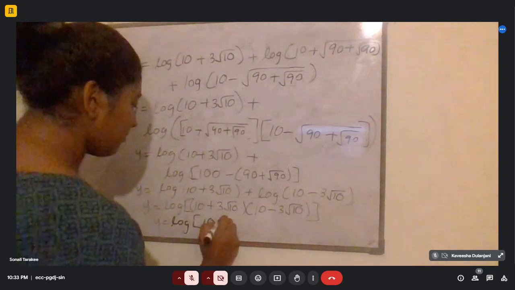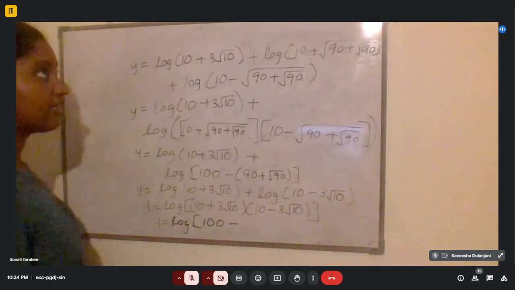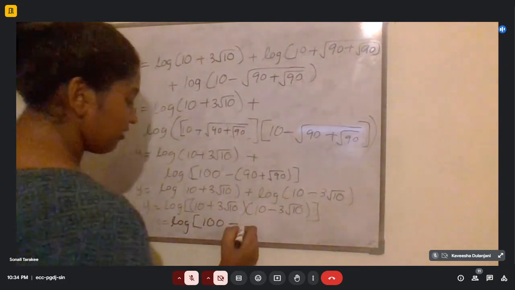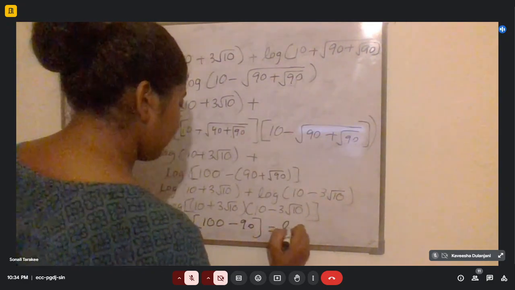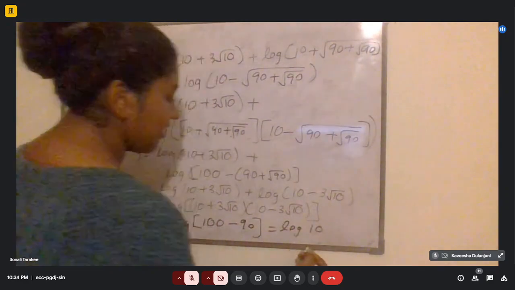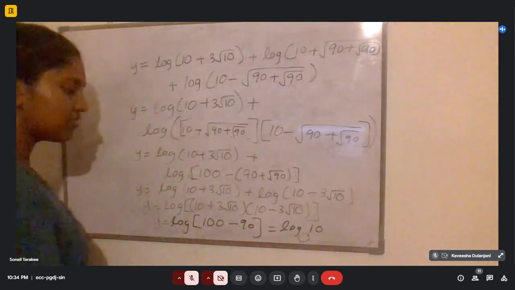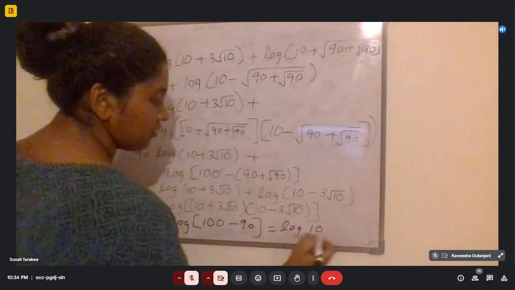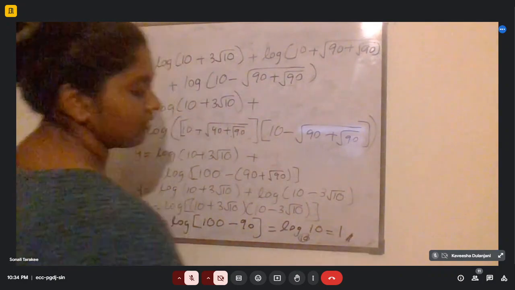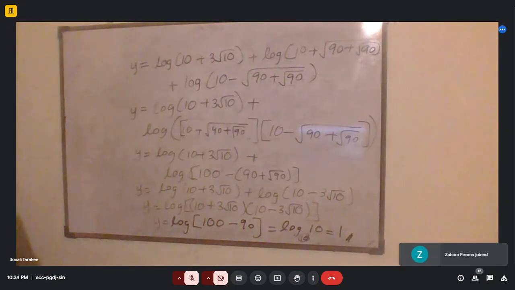So 100 minus b squared, 3 times 3, 9, and into 10, 90. So here log 10. If they haven't specified the base, it's usually base 10. So log 10 to the base 10 means 1. That's the answer.